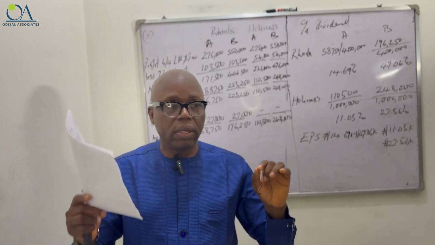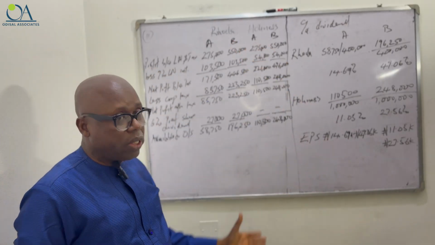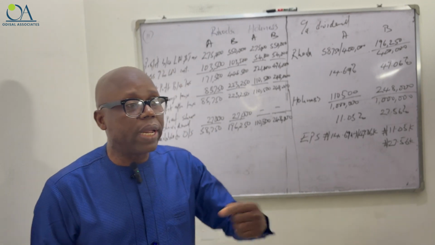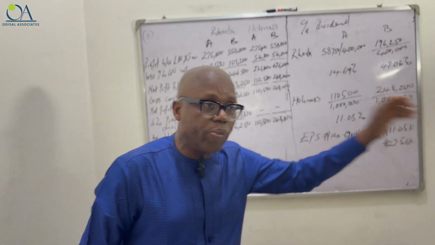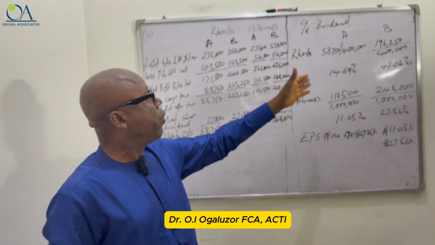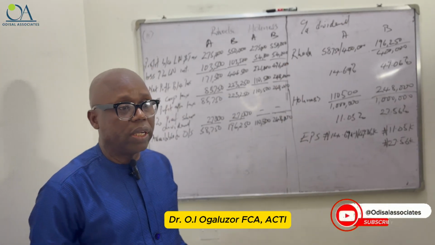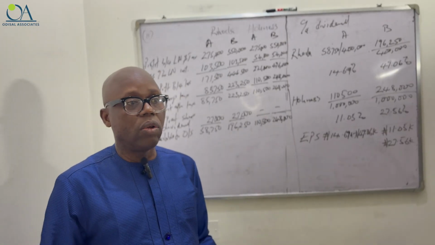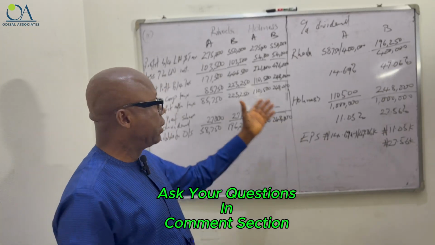Most of the time, management prefer to borrow money. By the time they compute their ratios like this, they'll be able to make a decision whether they should use their own money to finance the business or they should go outside to borrow funds. In this case, you can see that it is better to borrow funds outside because as your profit increases, the return to the ordinary shareholders doubles or goes more than a quadruple, as the case may be. So that is the solution.